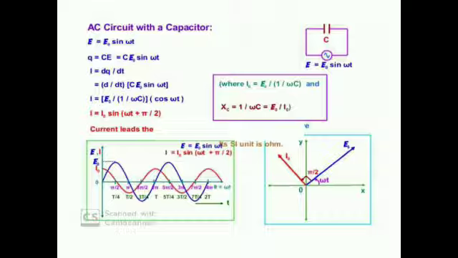Now you can write this equation as I is equal to I naught sin(omega t plus pi by 2). Cos omega t can be converted to sin using the simple equation.